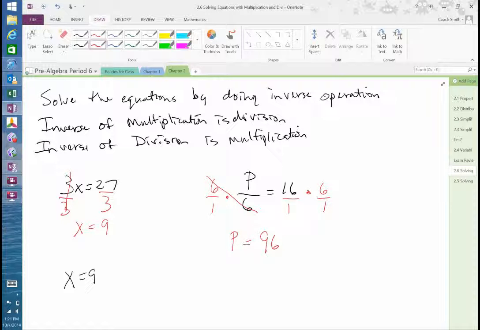Yes, because this expression is the same thing as P divided by 6, and that equals 16. So what we're looking for is that P.